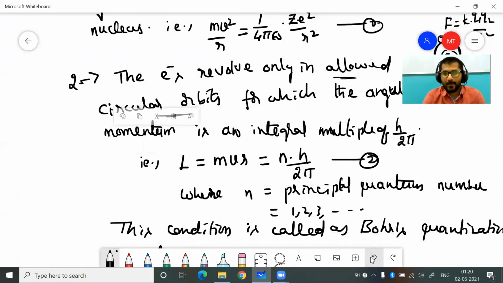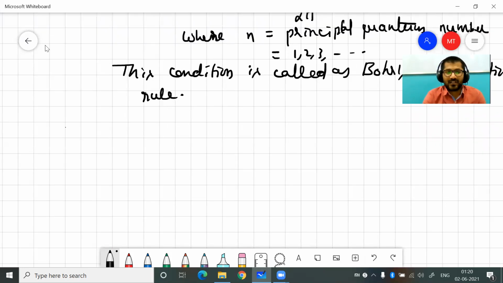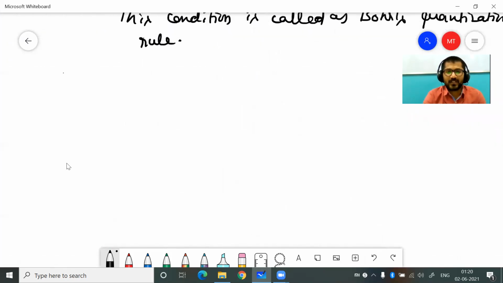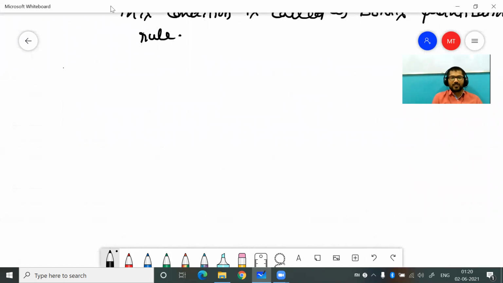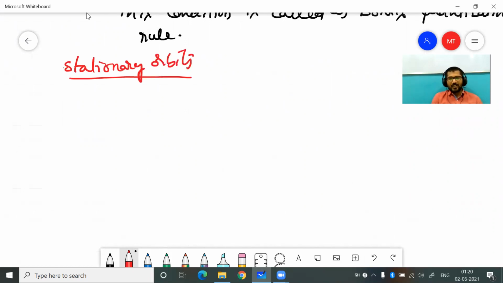Write down a subheading, stationary orbits, and write down the definition of stationary orbits here. So what are stationary orbits?